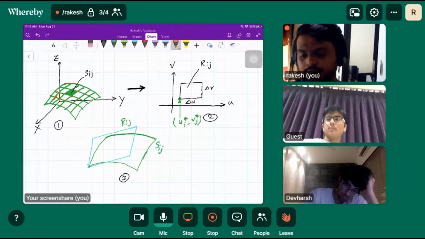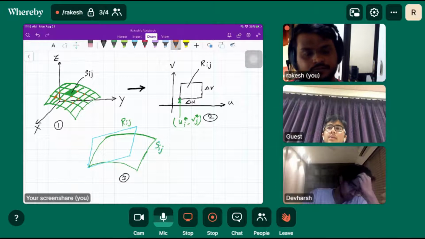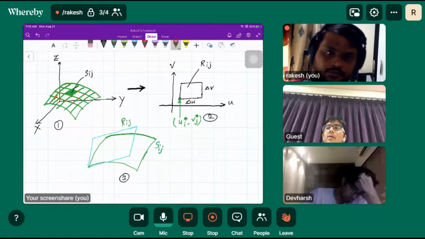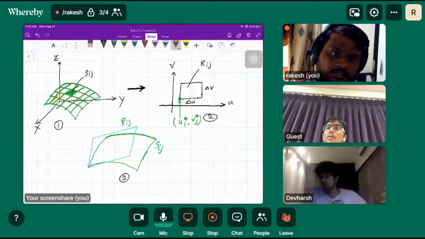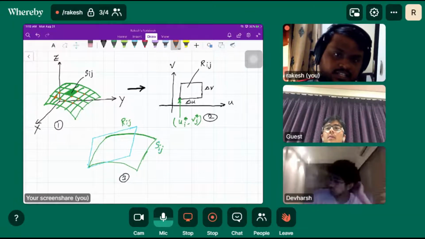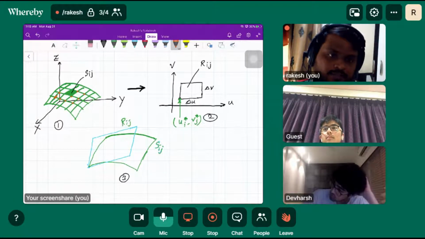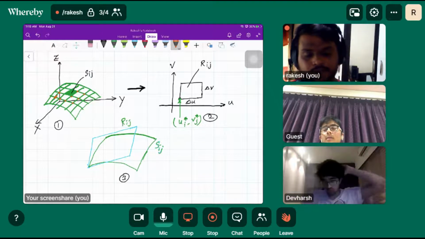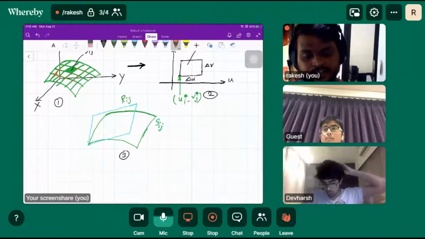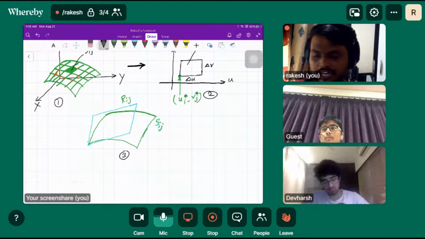So the projection of Sij on the UV plane, you can consider on the UV plane, because I have converted x, y, z all in terms of u and v in parametric form. So the area of Sij is the same as the area of Rij.